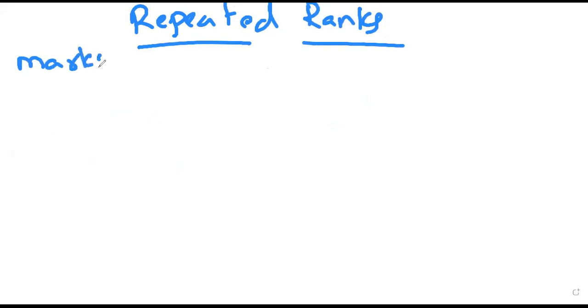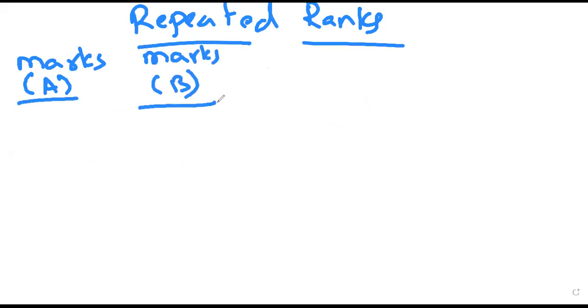Now, let's make note of a few of the values. We have 19, 19, and here in the marks of B there is no repetition.